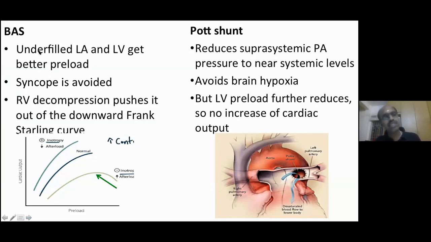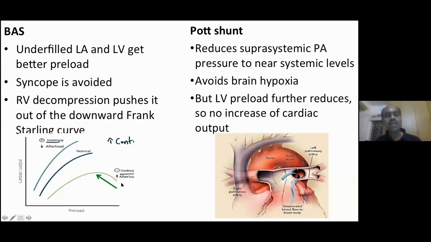Balloon atrial septostomy results in an underfilled LA and underfilled LV, to get a better LV preload. Balloon atrial septostomy avoids syncope by improving LV preload and improving LV stroke volume, which maintains aortic perfusion.